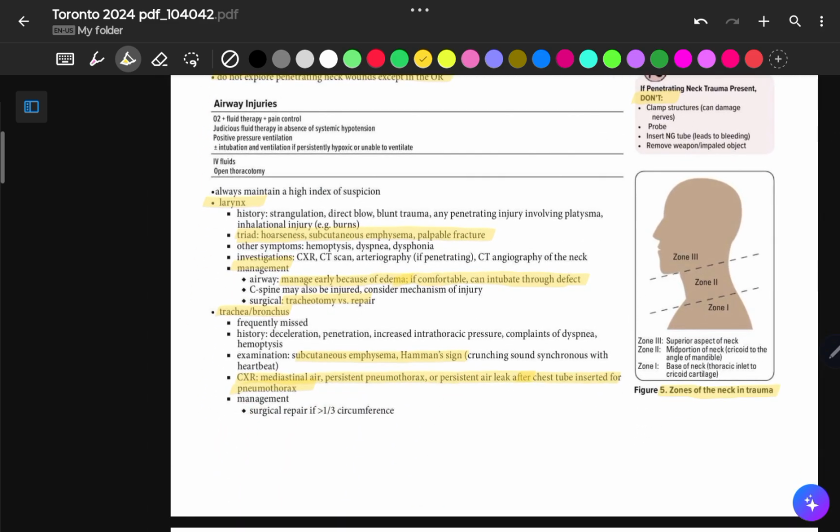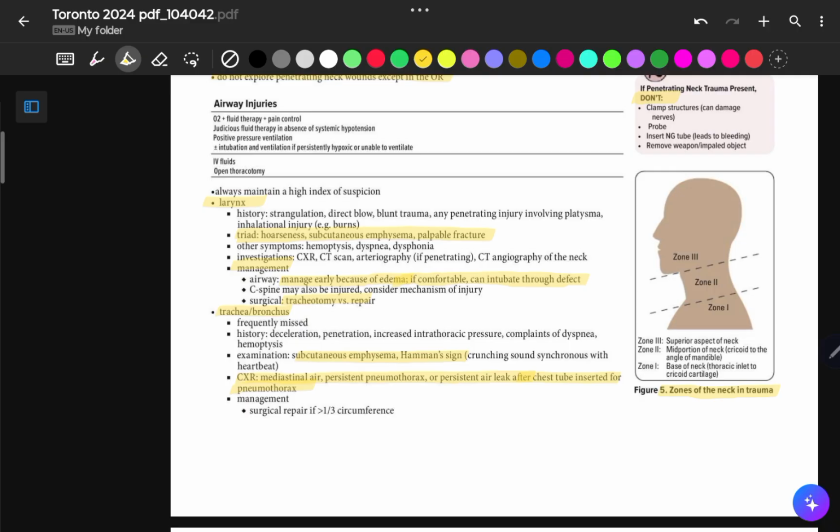So what if there is a larynx injury? If the patient had a penetrating injury, how would they present with a larynx injury? They'll have a triad: hoarseness, subcutaneous emphysema, and a palpable fracture. Okay.